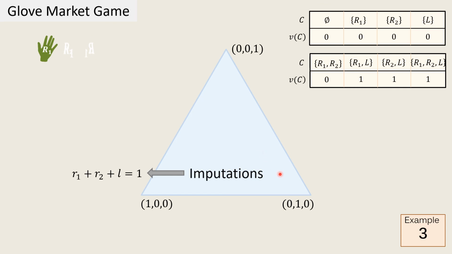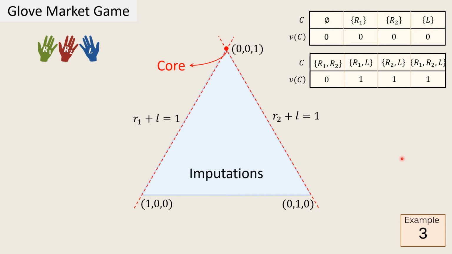In barycentric coordinates, this triangle represents all payoffs or all values of the agents when r1 plus r2 plus l equals 1. And since individual rationality can be ignored because the value of each glove alone is 0, therefore this entire blue triangle represents all imputations.